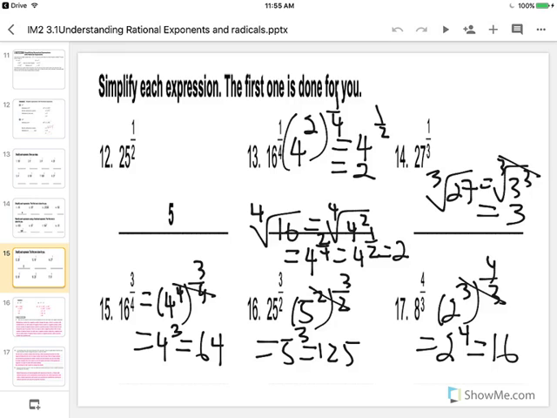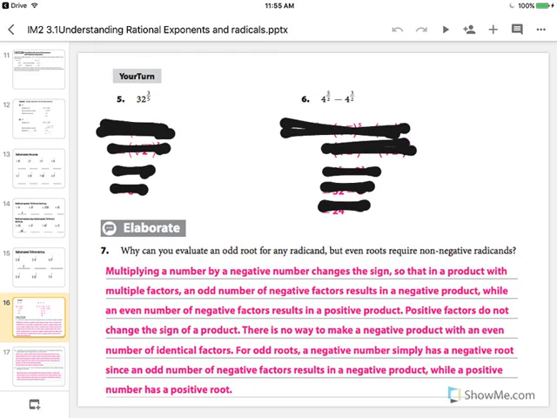Okay, so please check your answers. Now let's try number 5 and 6 on your own, and then I'll give you the answer in a minute.